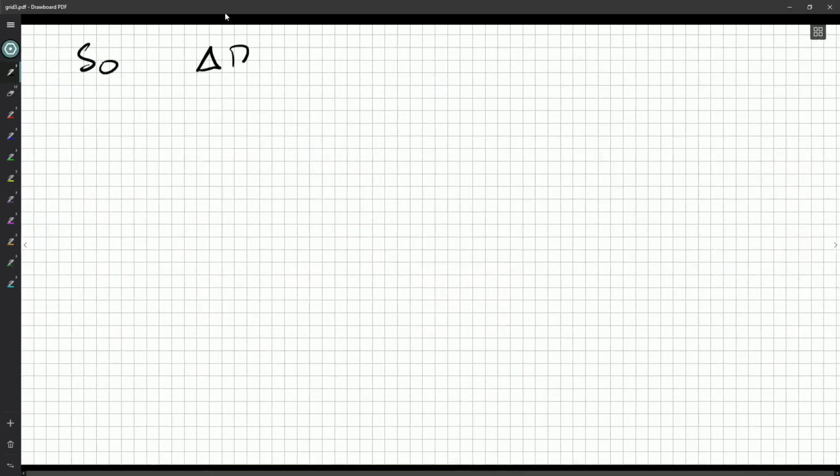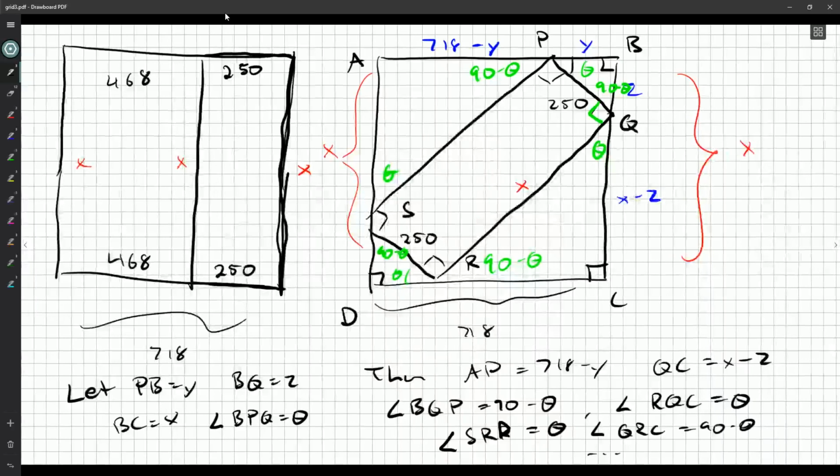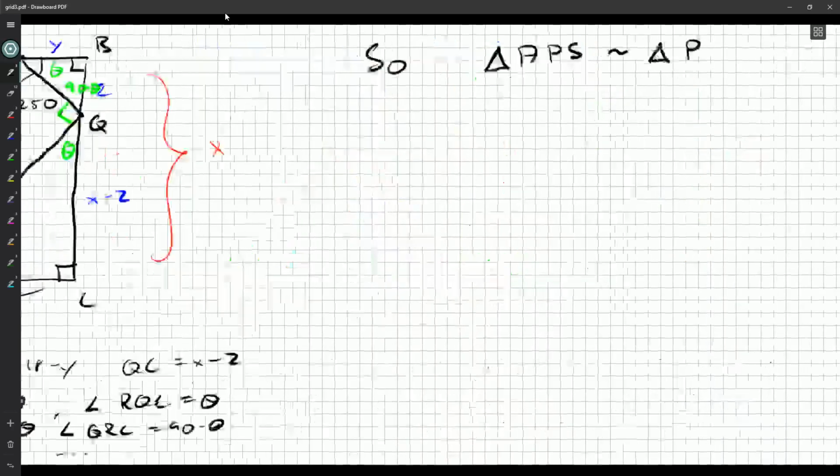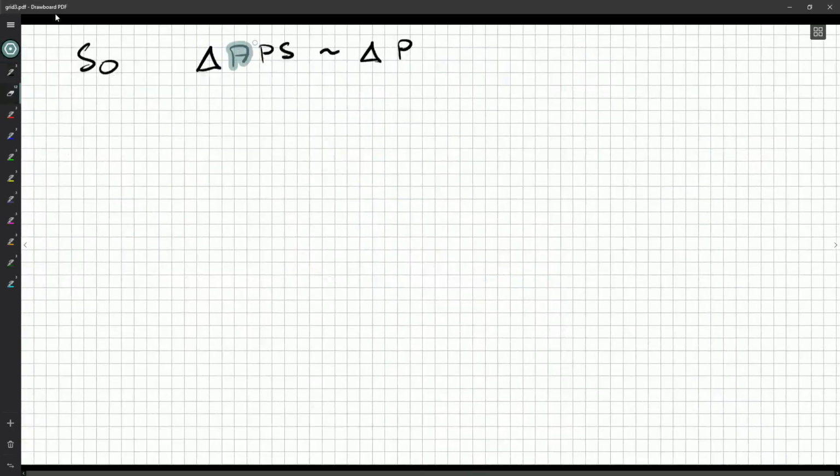triangle APS is similar to triangle... I gotta make sure I get the order right. So, SAP similar to PBQ, similar to QCR, similar to RDS.